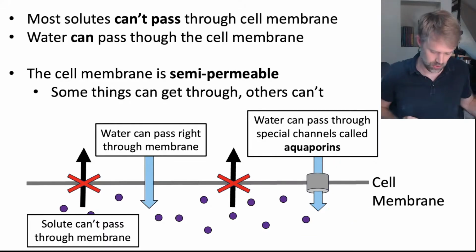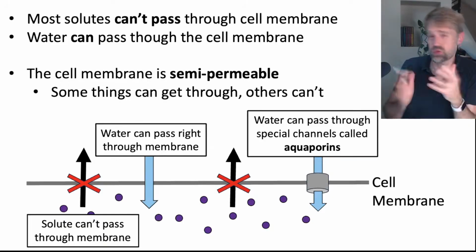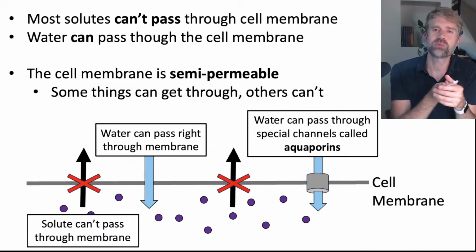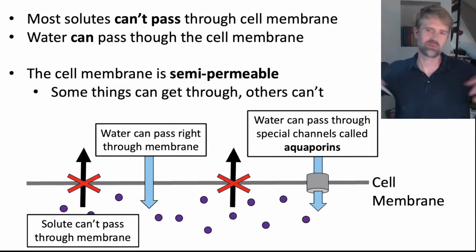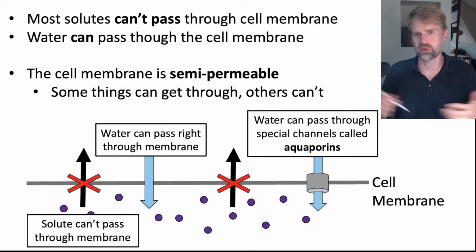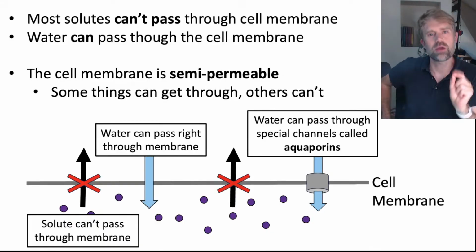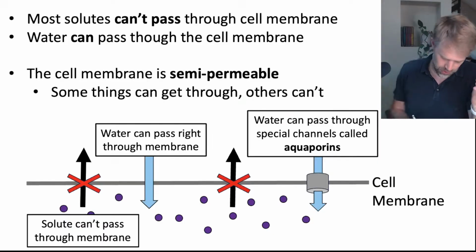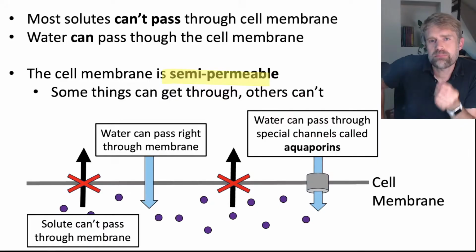Now, if you ever try to learn about osmosis, most people don't really learn it, because textbooks are really bad and professors are often really bad. But a term you've probably heard is semipermeable. A semipermeable membrane refers to a membrane where some things can get through and others can't.